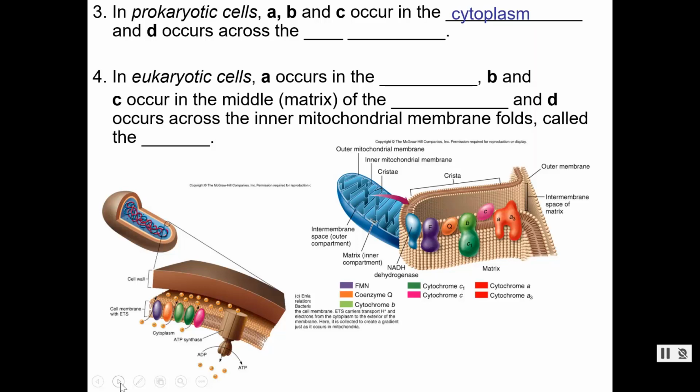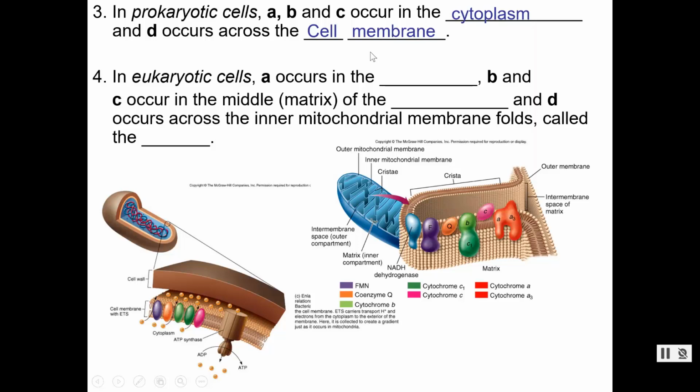The electron transport chain needs a membrane. So the only membrane, if you remember, in a prokaryotic cell is your cell membrane. Now, some prokaryotic cells, the gram-negative ones, have an outer membrane, but not all. So the outer membrane is not used for this. This process occurs in the cell membrane of a prokaryotic cell.